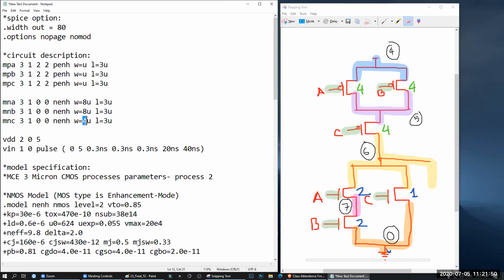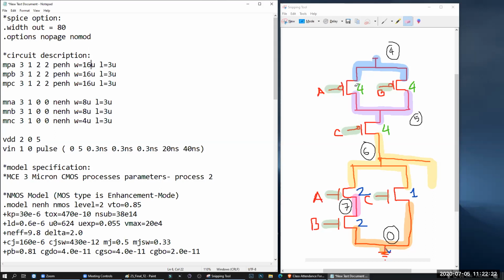Here C should be what? See, 1 becomes 4 micro, 4 becomes how much? 16. Since it is 4, that means 16. It should be 4, it is also 16. This is also 16, understand? Got my point? Yes, sir. Exactly. So now you can do the loading.